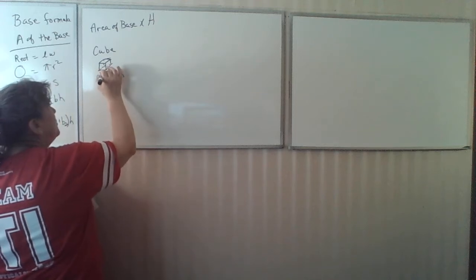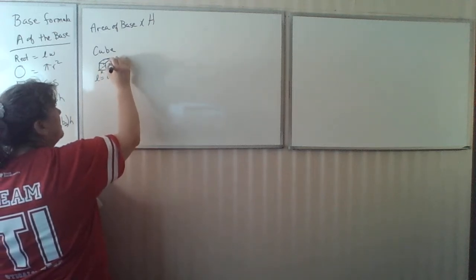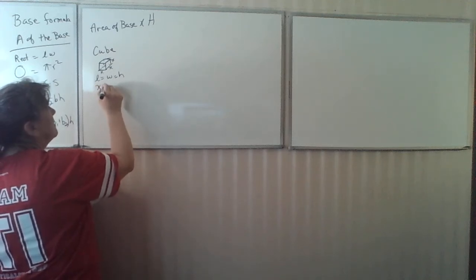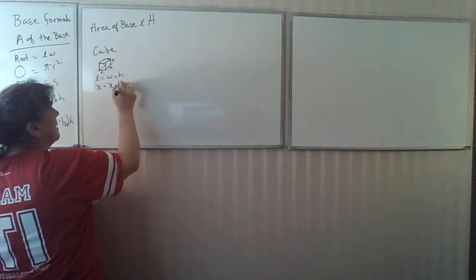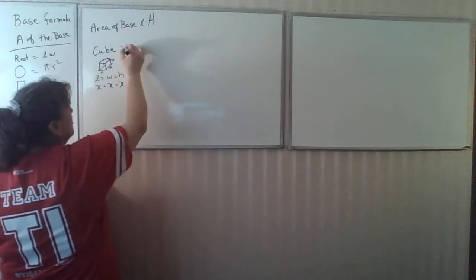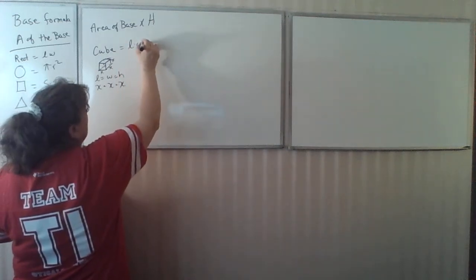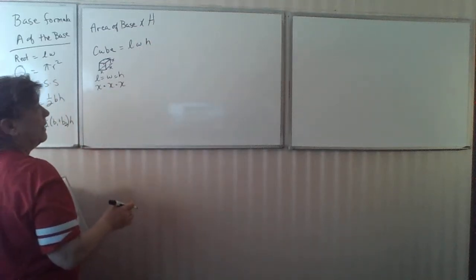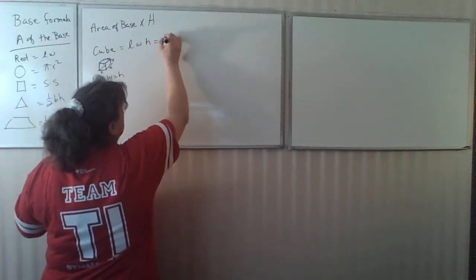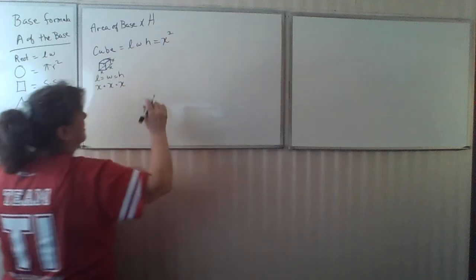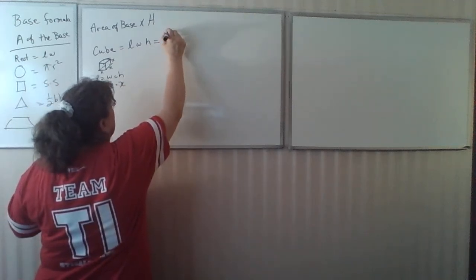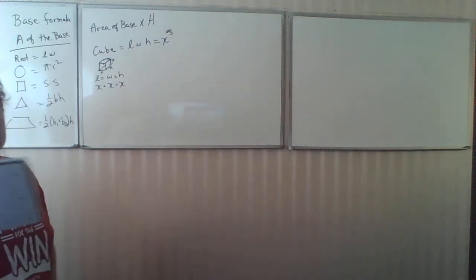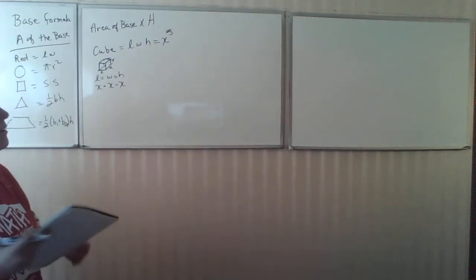If I let each one of these be represented by the letter x, this becomes x times x times x, because my cube is length times width times height, which is the side, or x cubed. So that's the easiest one of all to figure out.